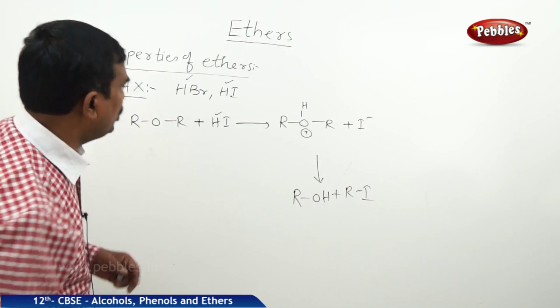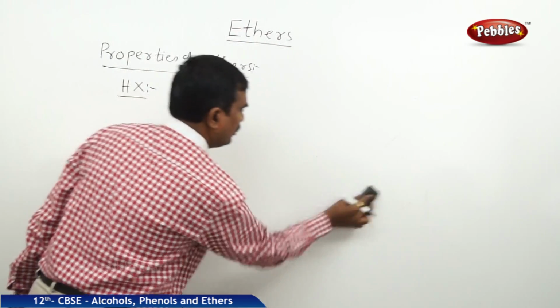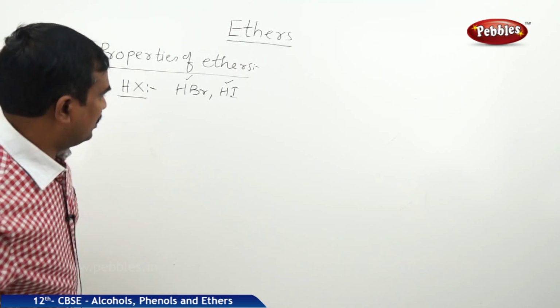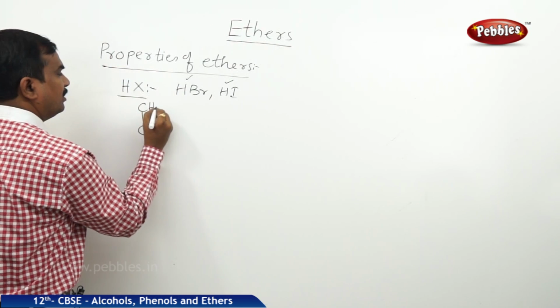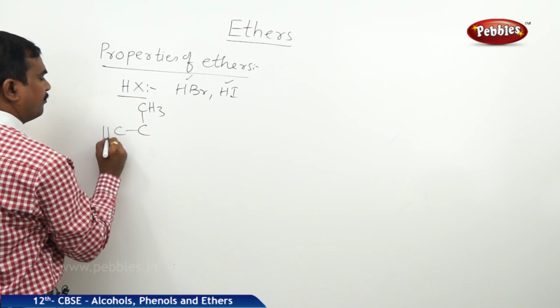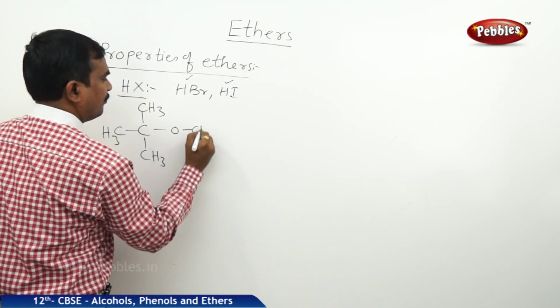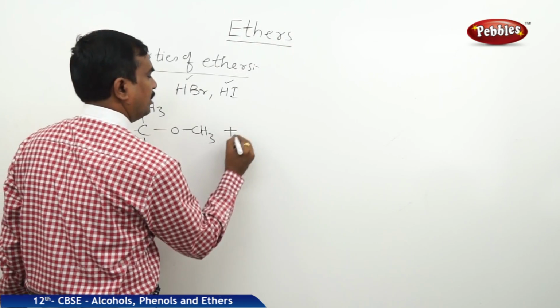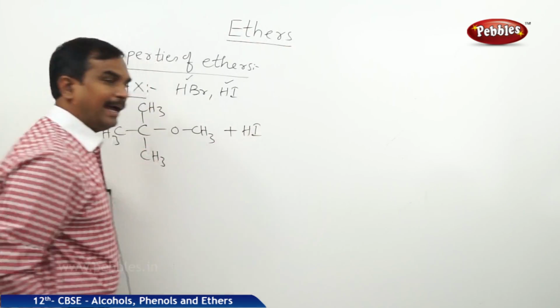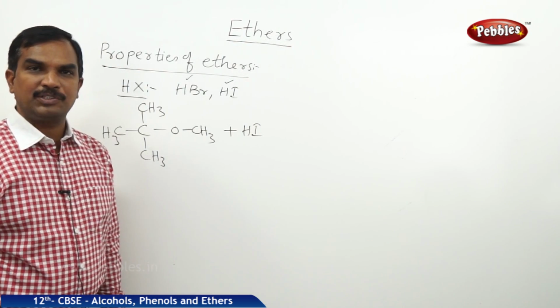As I told you, if I take for example this ether, the reaction is with HI. The I minus will attack the alkyl group which has fewer substituents.